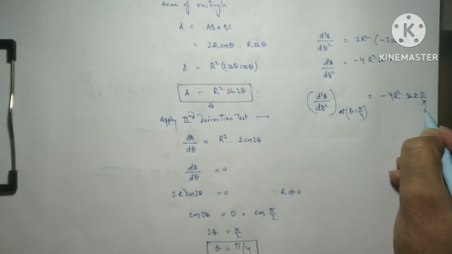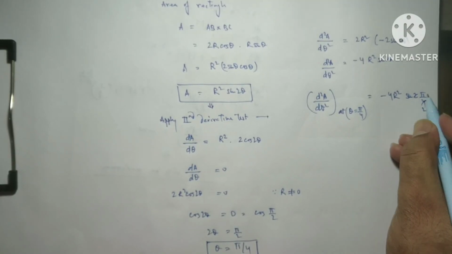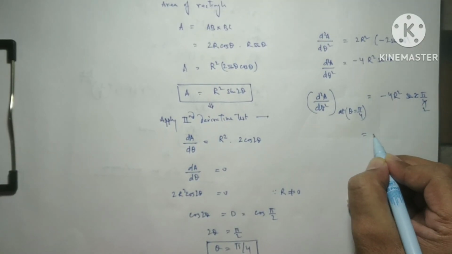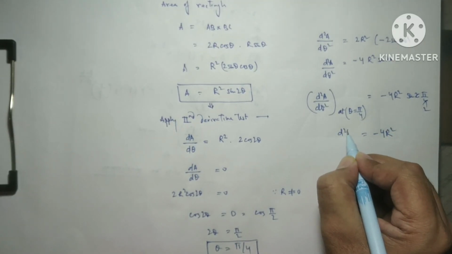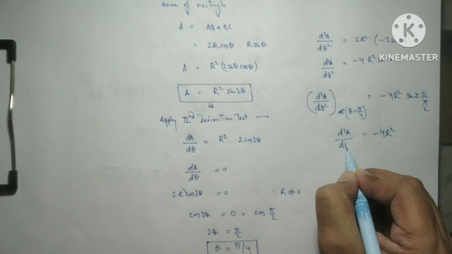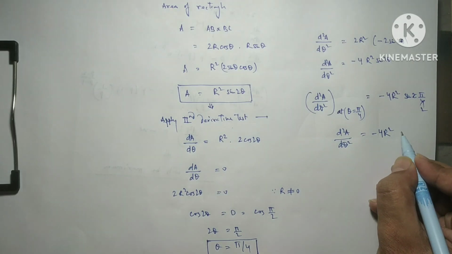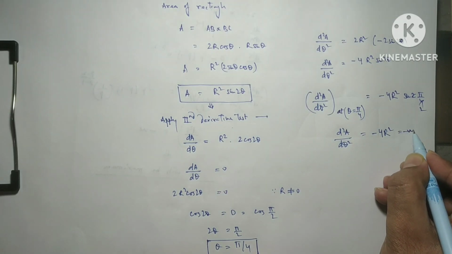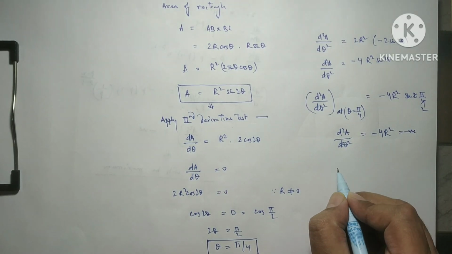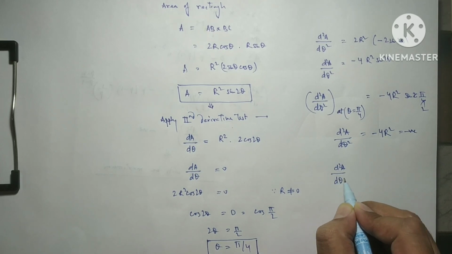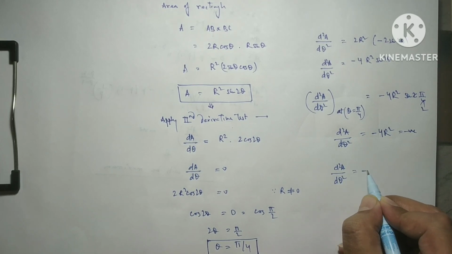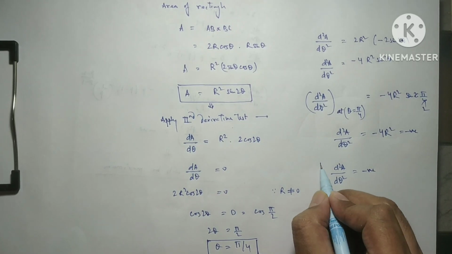So we cancel this and get sin pi by 2, that is 1. So it is minus 4r square. So d2a over d theta square is negative. So the second derivative is negative. It shows the area of the rectangle is maximum.